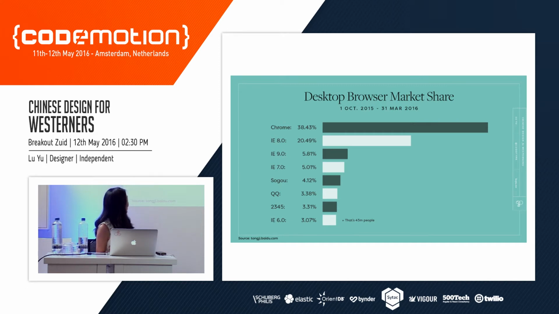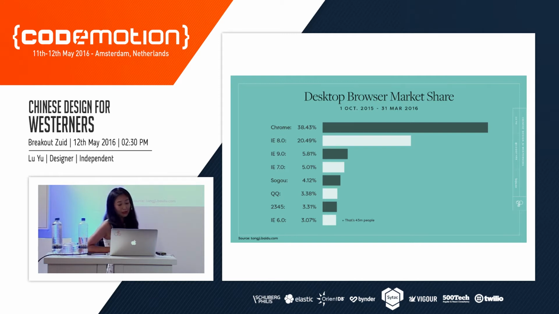Still, there are a lot of Chinese people using Internet Explorer and some early versions. And some of them are using local browsers like 2345, which you probably never heard of. Internet Explorer 6 used to be very popular, but luckily now it's only 3%.